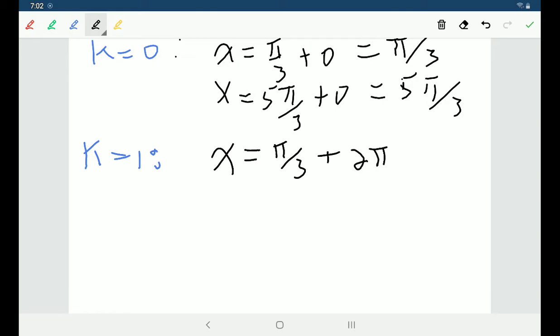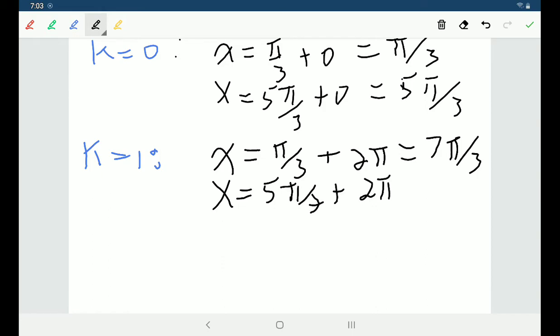And that adds up to pi over 3 plus 2 pi, that is 7 pi over 3. And if x were 5 pi over 3 plus 1 full circle, then x would be 11 pi over 3.